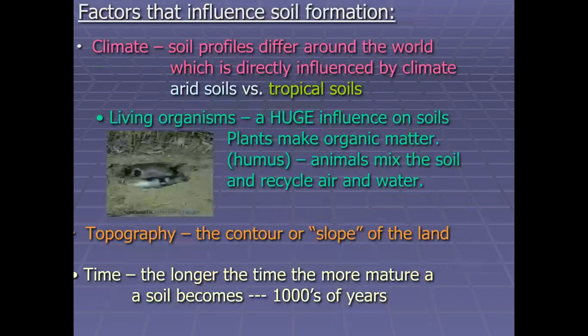How about topography? Topography is a term that is used to describe the lay of the land, where you can have mountains and valleys. The contour, or the mountains and valleys topography of the land, can certainly produce different kinds of soil profiles.